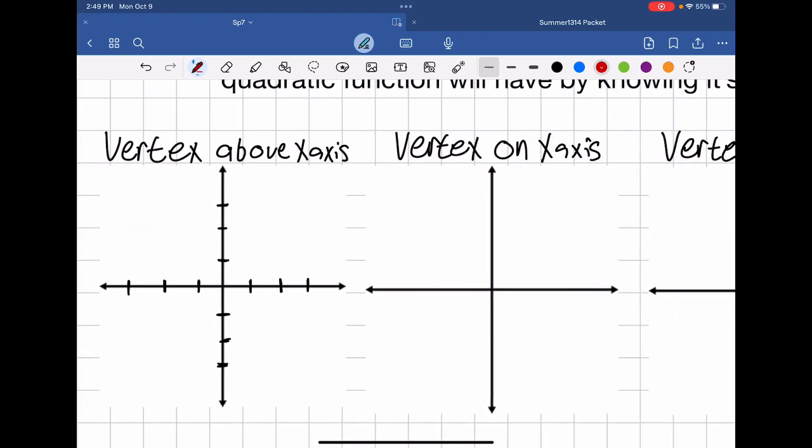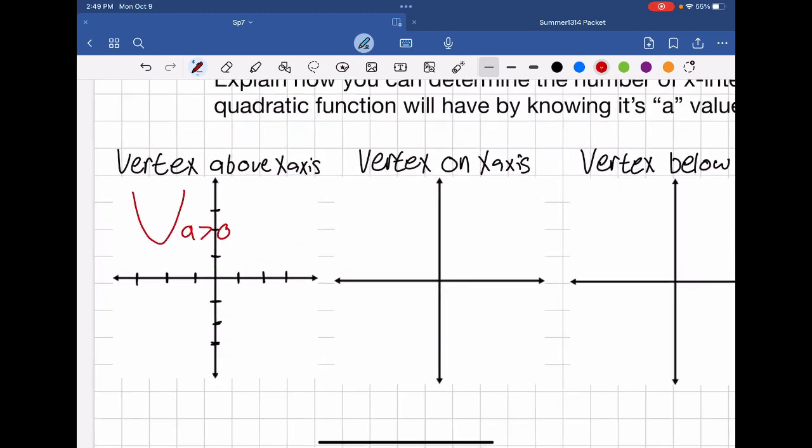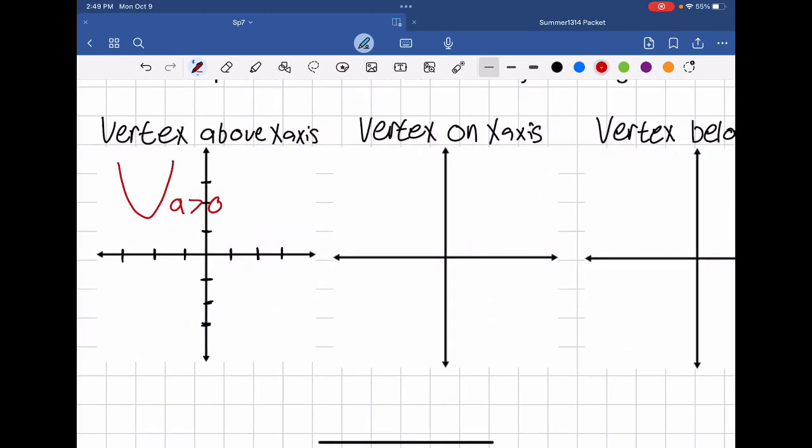All right, so if we have a vertex above the x-axis and it opens up, meaning its a value is greater than 0, we can see that it does not cross this x-axis, so it has no x-intercepts or roots. Right? But if it is above the x-axis and it opens downwards, like this one does, we can see it crosses it twice.